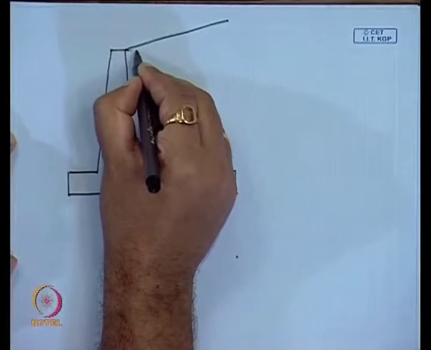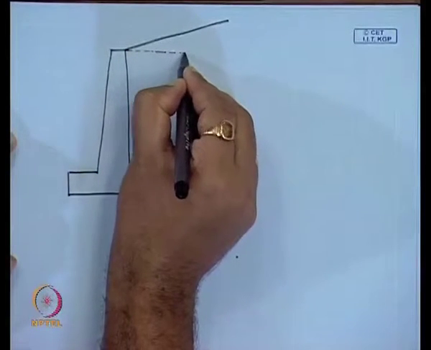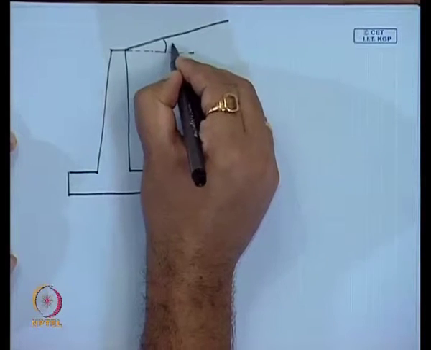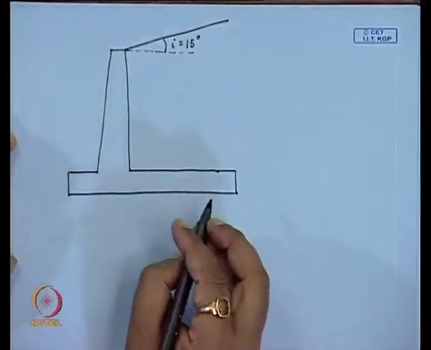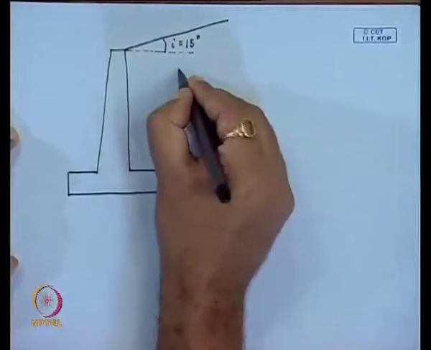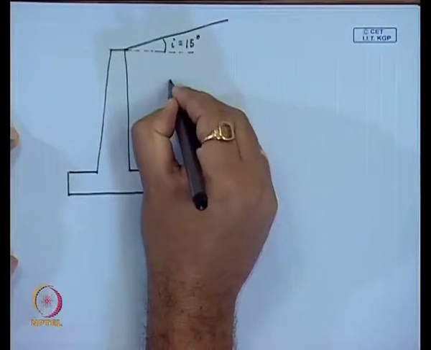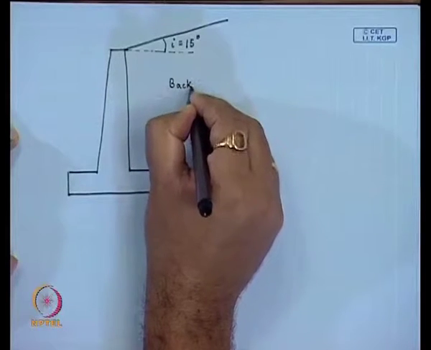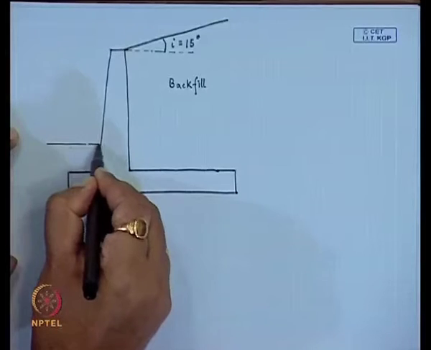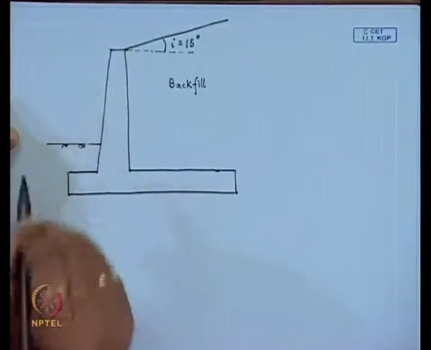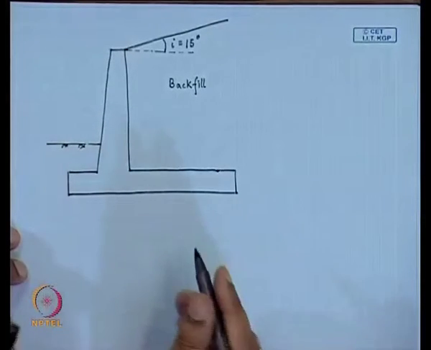This backfill side is making an angle i equal to 15 degree with horizontal, and this is the backfill side, and this one is the existing ground surface.